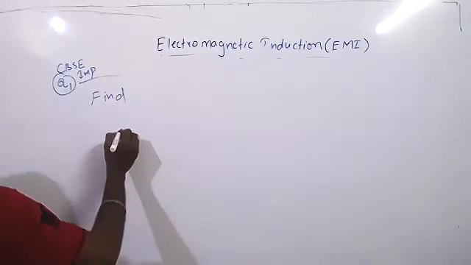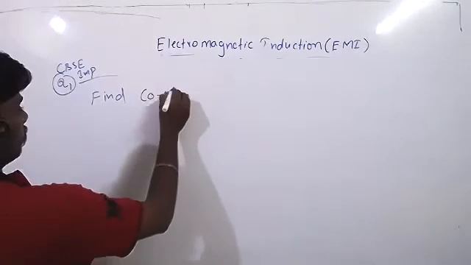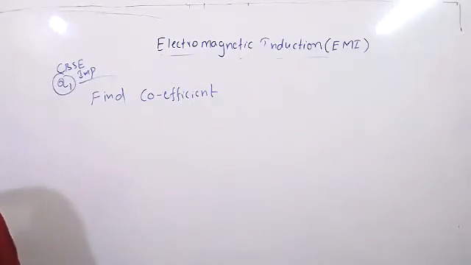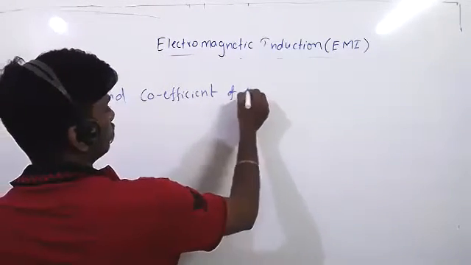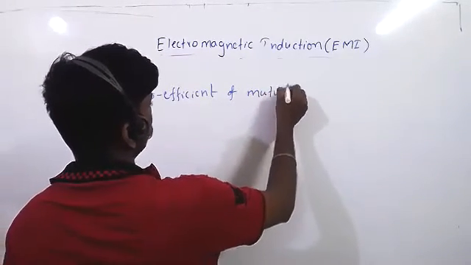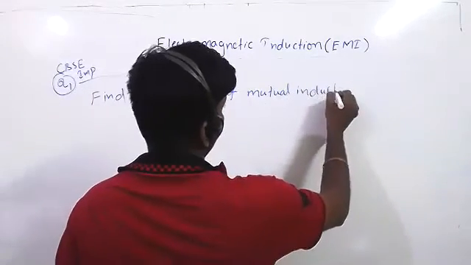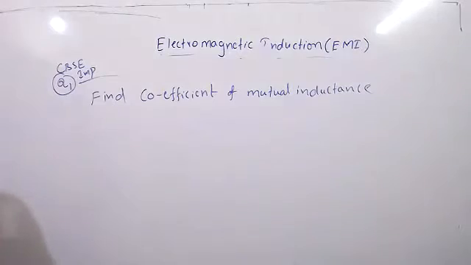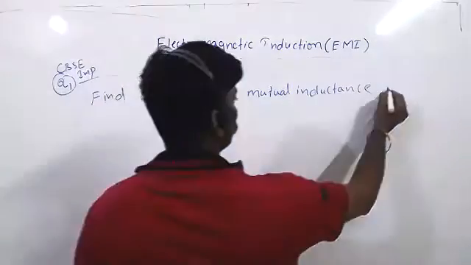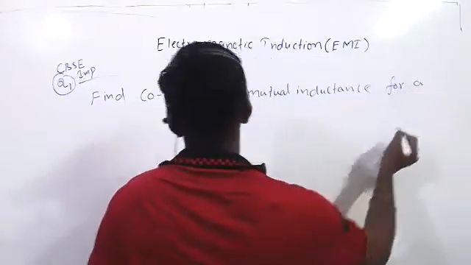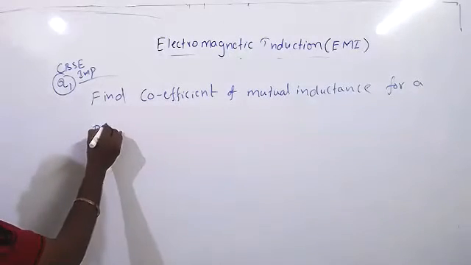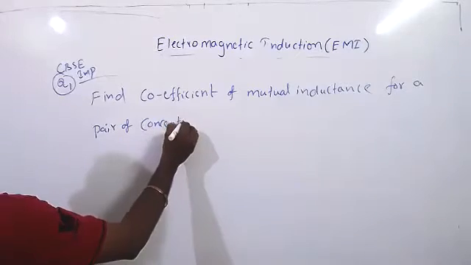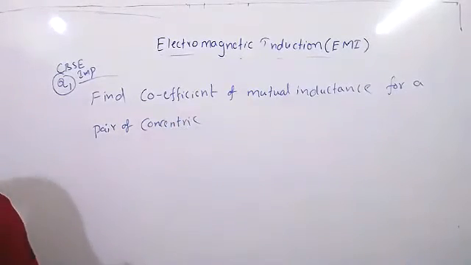Find the coefficient of mutual inductance for a pair of concentric coils as shown in the figure.